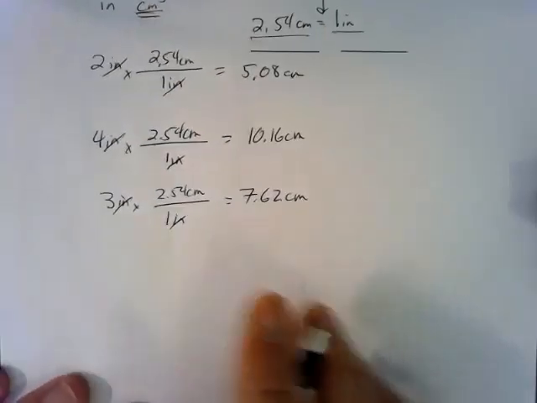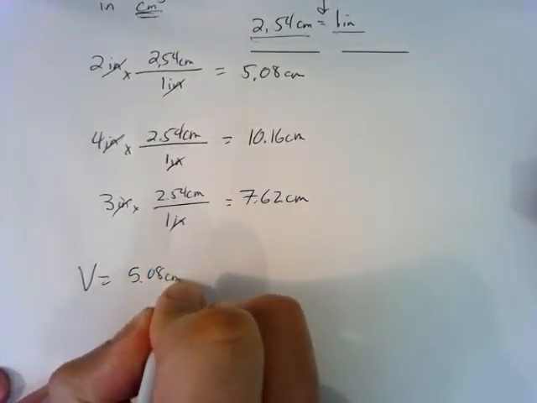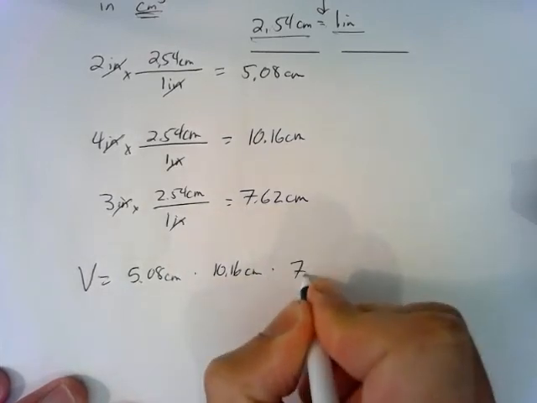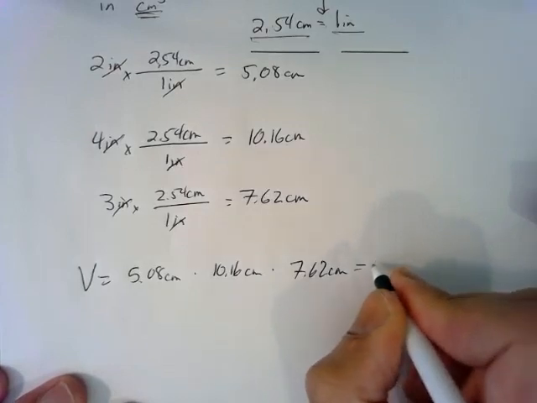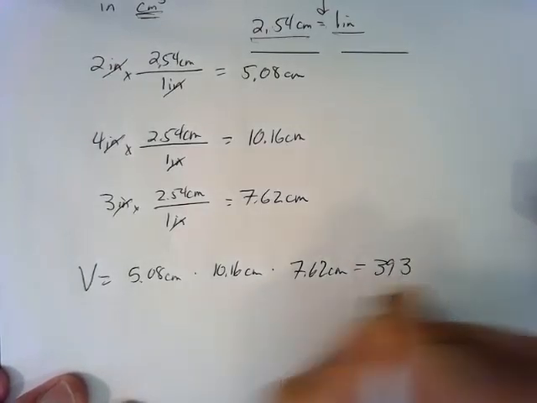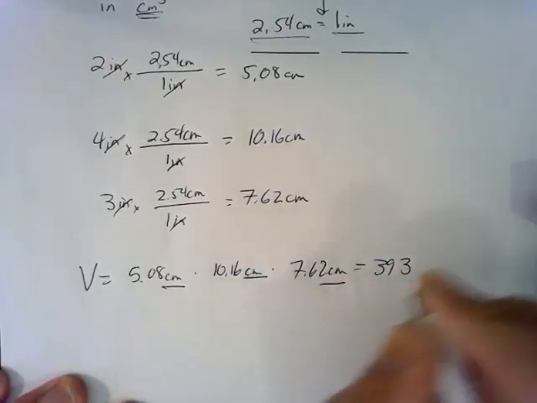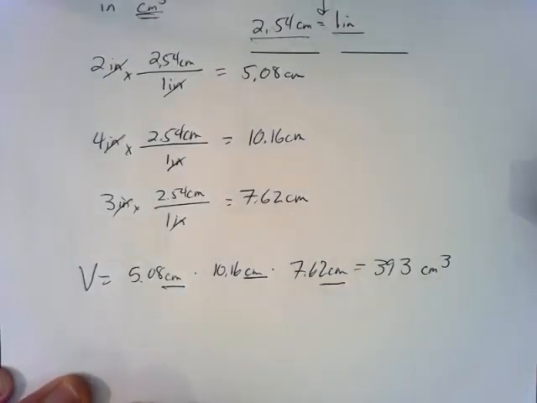And now if we wanted to, we could get the volume, and we would say 5.08 centimeters times 10.16 centimeters times 7.62 centimeters. And you get 393 centimeters times centimeters times centimeters, so 393 centimeters cubed.